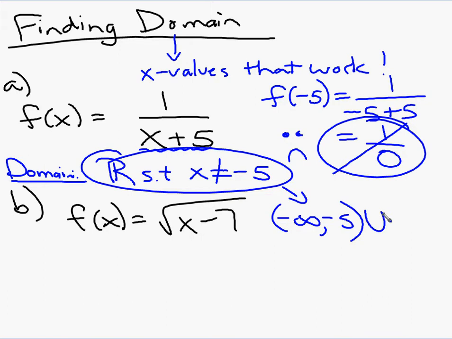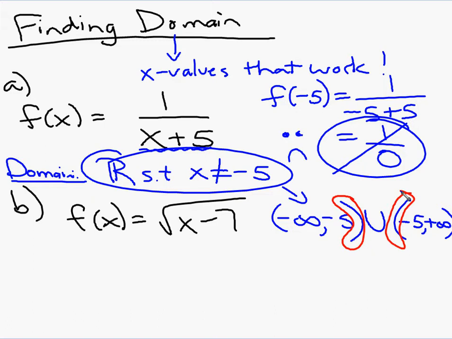Union is kind of like and. All the numbers from -5 to +infinity. That's the other way we could write the answer. That's called interval notation. Remember, these round parentheses mean that we do not include the -5. If you need to include it, you put a square bracket, which we've covered.